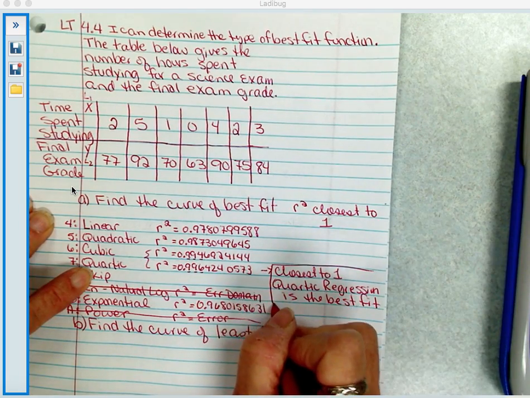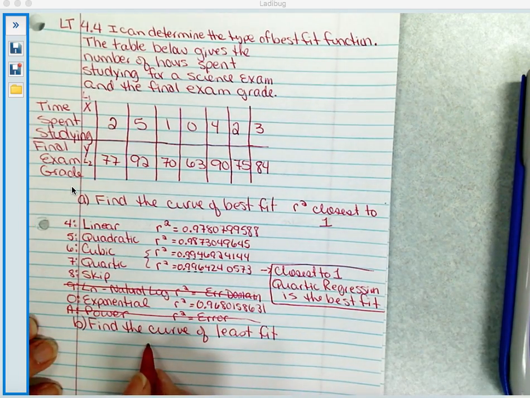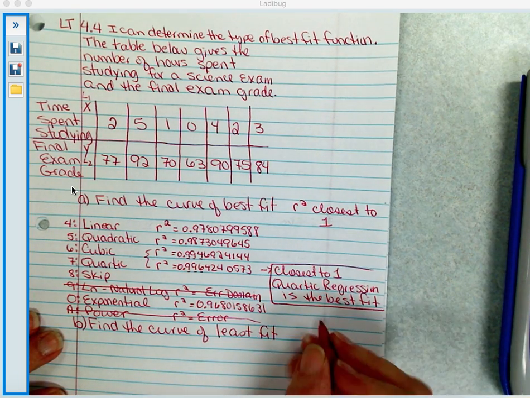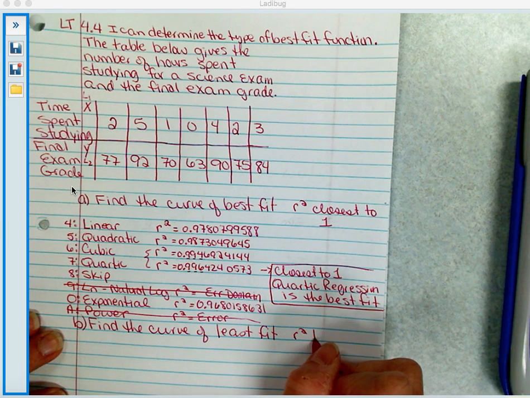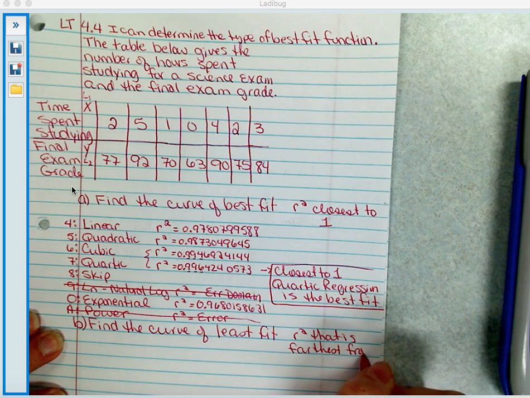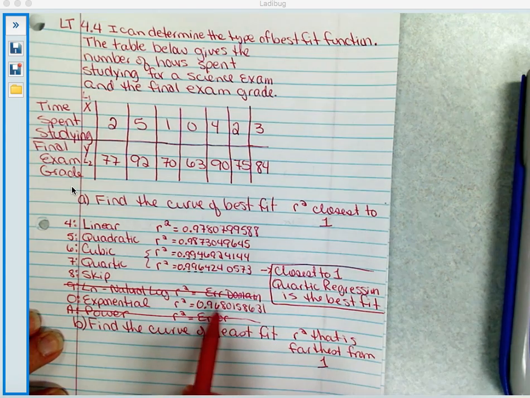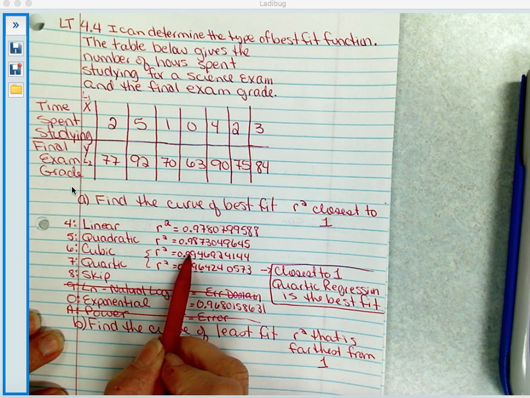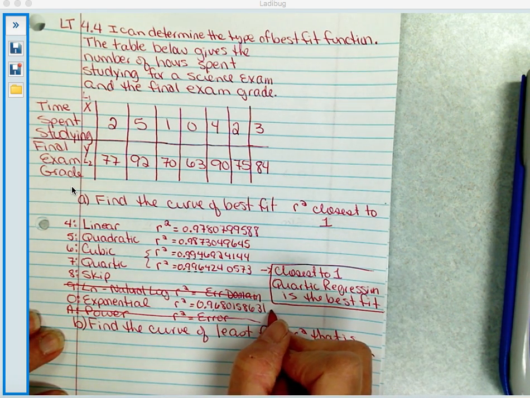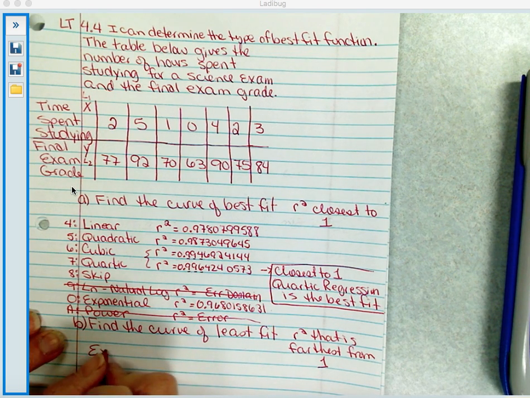Okay, so there's the answer to question A. Now question B, the curve of least fit. So we need to find the r squared that is farthest from 1. So 0.96, 0.99, 0.99, 0.98, and 0.97. 0.96 is farthest from 1.